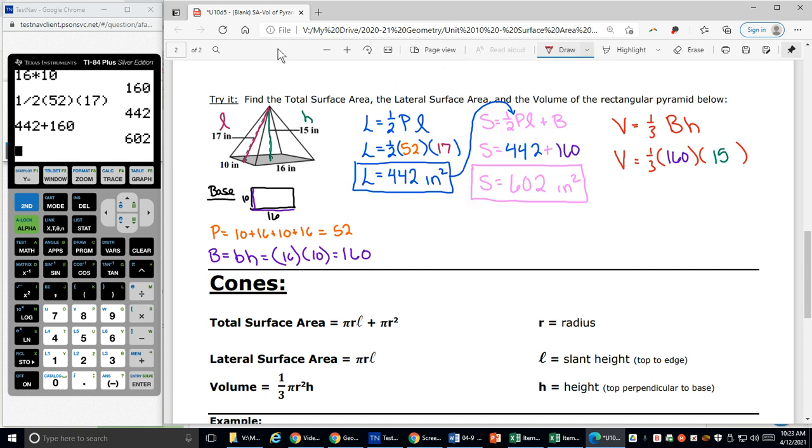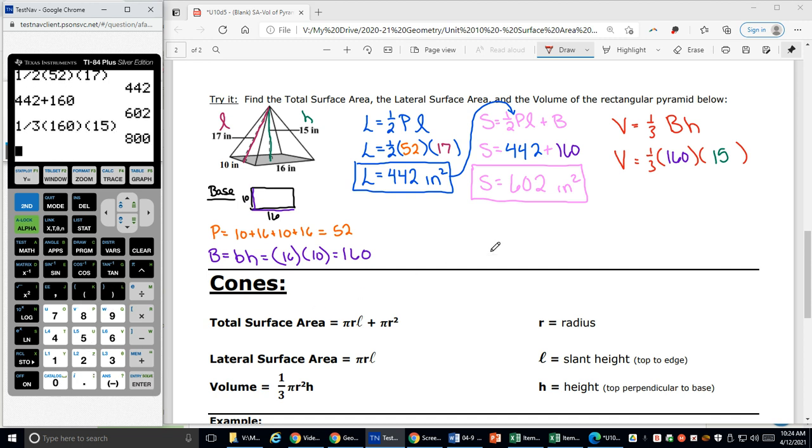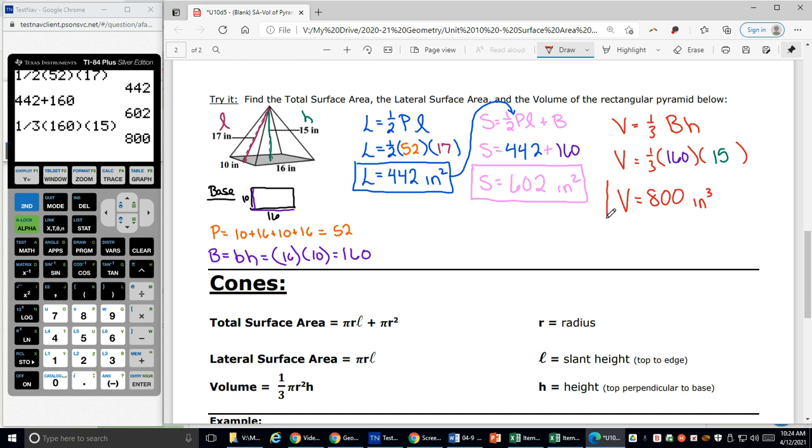So my volume is 1/3 times 160 times 15, which gives me 800. My volume is 800. And again, these are inches and it's volume, so cubed, because these are squared. These are to the first power. So when you multiply them, you get inches cubed.